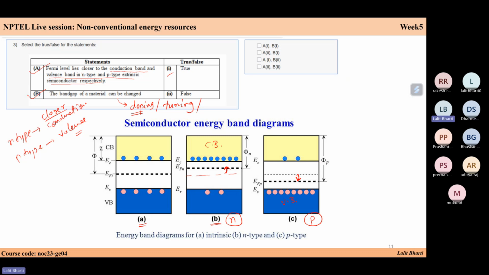But here we are not talking about that phenomenon. We are just talking about doping of the material. That is why, for the sake of the course content, your band gap should not be changed, so your option 3 should be correct. Otherwise, they should mention which technique. If the statement is clear by giving doping or mentioning some technique, then it will be more clear.